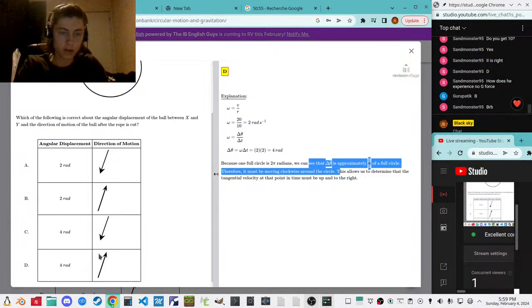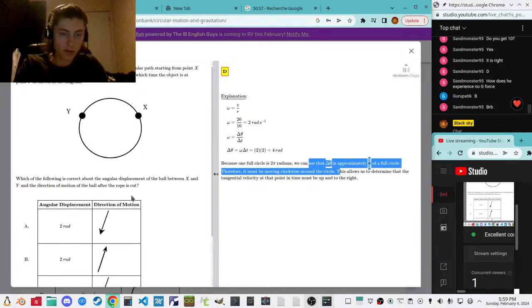Direction of motion? It's going from X to Y though. Wait. It starts at point X. The rope is cut after 2 seconds, at which time the object is at point Y, as shown in the diagram.